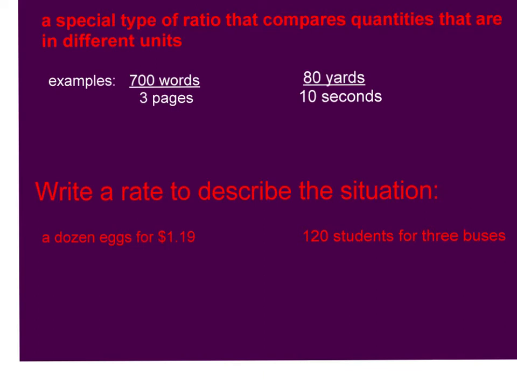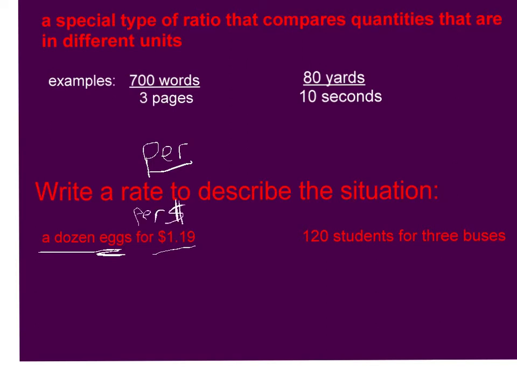Now, when you write a rate, you have a choice. You can put the first quantity on top or the second quantity on top. And there's no right or wrong way. It's just that some make more sense. I always, when I do a rate, I remember the word per. So I say to myself, eggs, that's my label, per dollar.